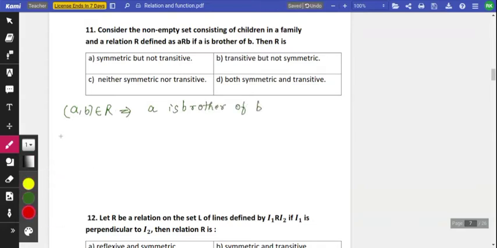First, we check whether the given relation is reflexive or not. For reflexive, if (A,A) belongs to R, it means A is brother of A, which is incorrect. So the given relation is not reflexive.